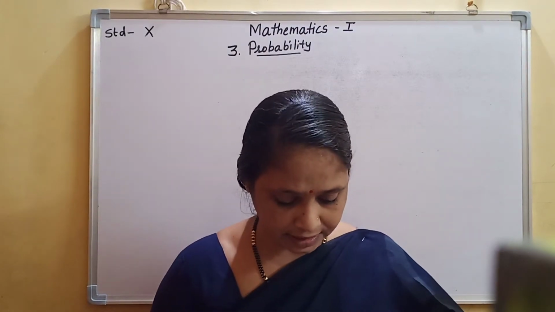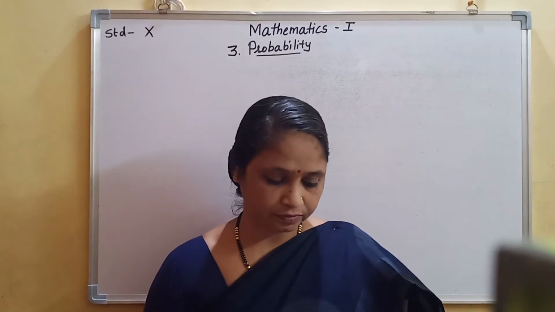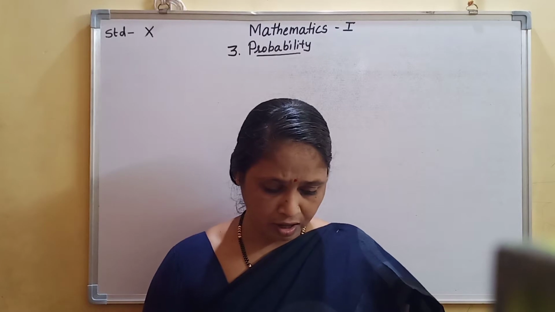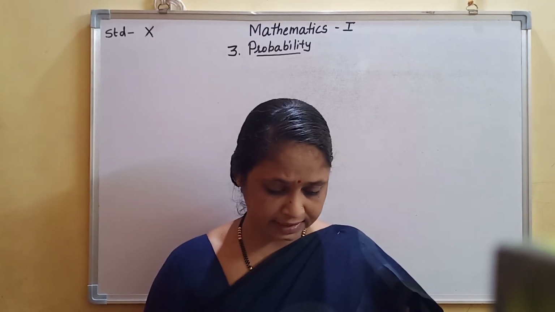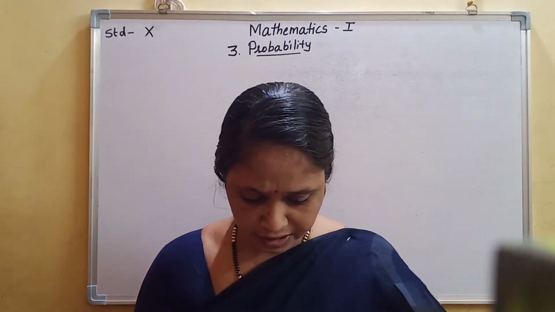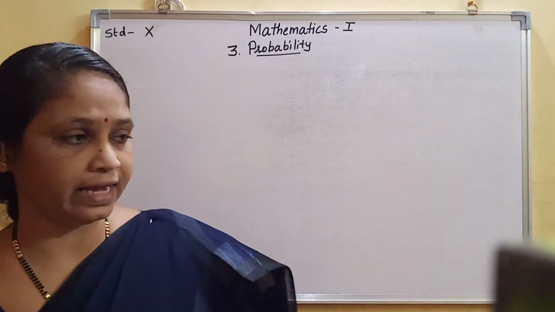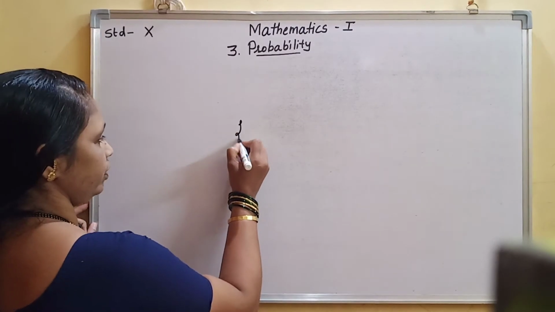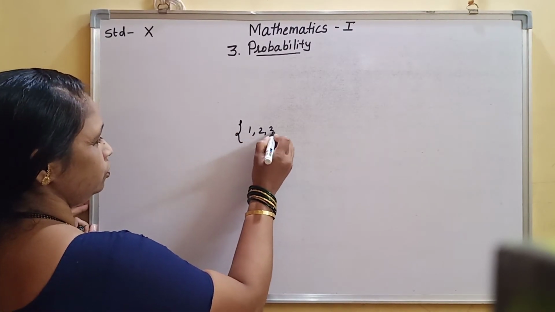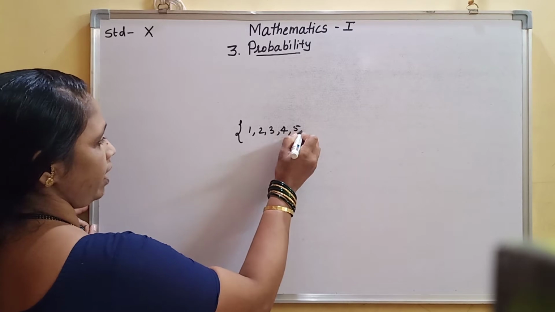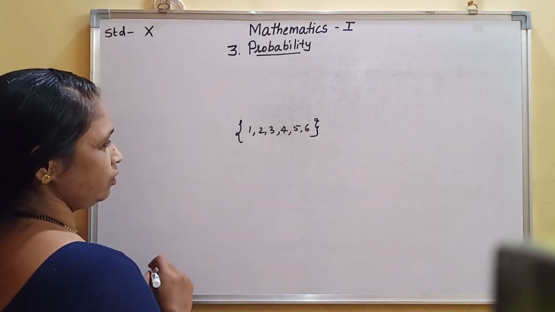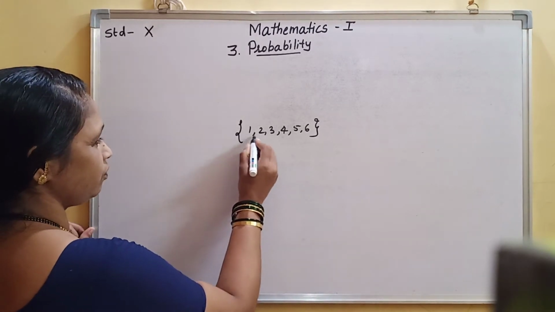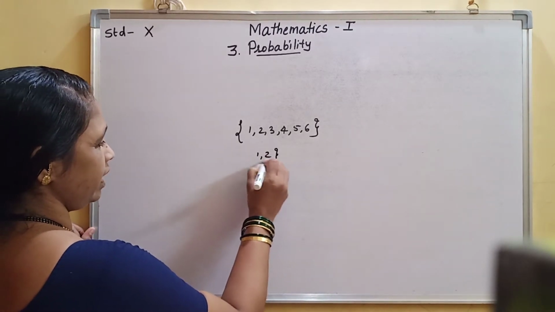Now second: a die is rolled. What is the probability that the number appearing on the upper surface is less than 3? A die is rolled, so the sample space is 1, 2, 3, 4, 5 and 6. n(S) is equal to 6. The event is numbers less than 3, which means 1 and 2.